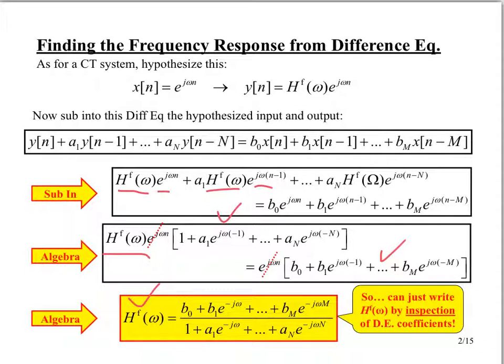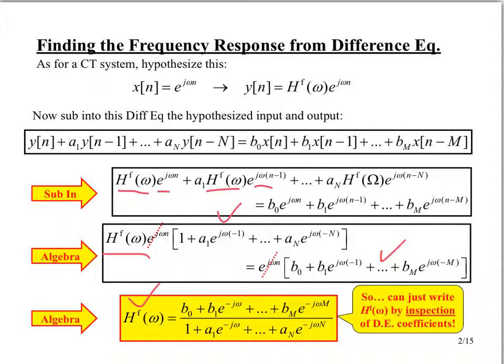So now we see that this is in fact our frequency response, and should look awfully familiar to how we got the z transform version, the transfer function. And if you go back and look at the transfer function in terms of z inverse, you can see that indeed we've just replaced z by e to the j omega, just as we're used to doing.